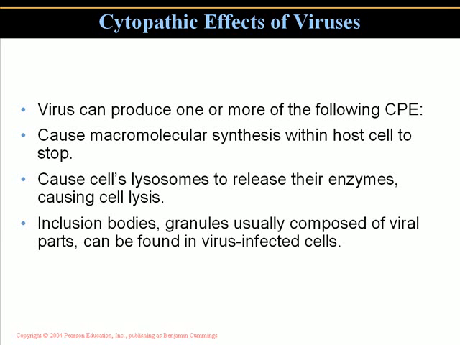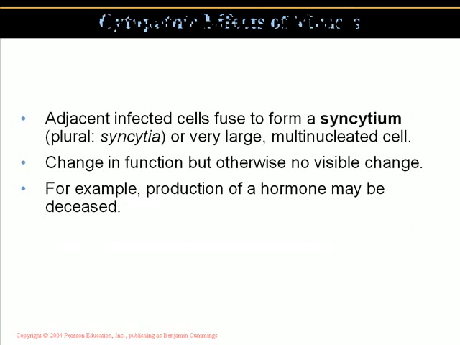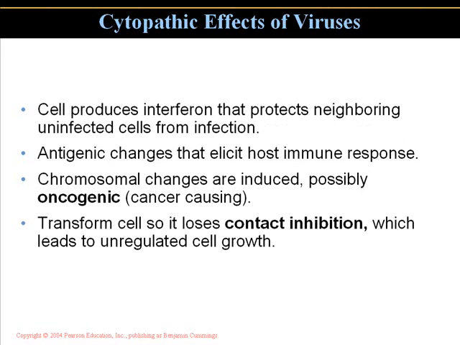Inclusion bodies are granules that are composed of viral parts that can be found in virus-infected cells. Adjacent infected cells fuse to form what's called a syncytium, a very large multinucleated cell. Cells may change function with otherwise no visible changes. For example, the production of hormones may be increased or may be reduced.